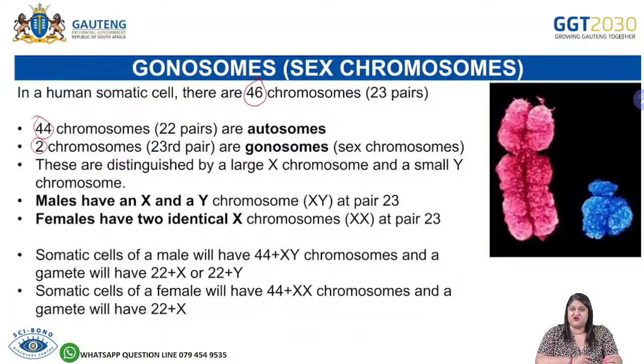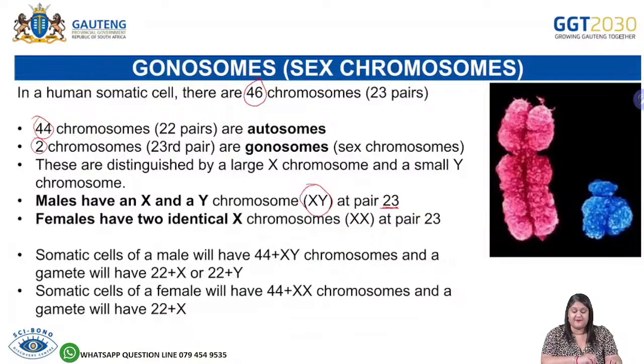If an individual is a male, then in the nucleus of the somatic cell, one gonosome will be an X and the other gonosome will be a Y. So it will be XY, and that is at pair 23.